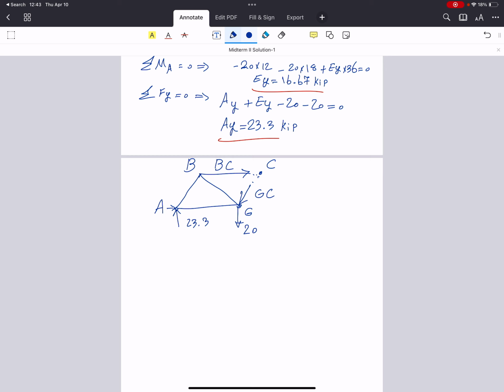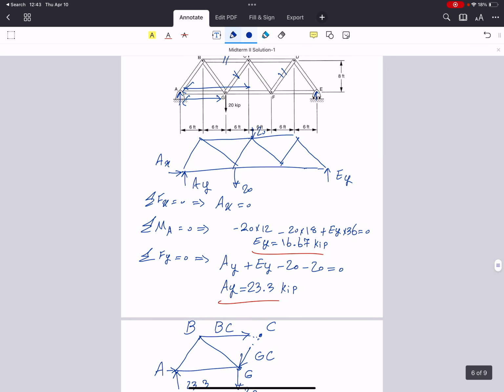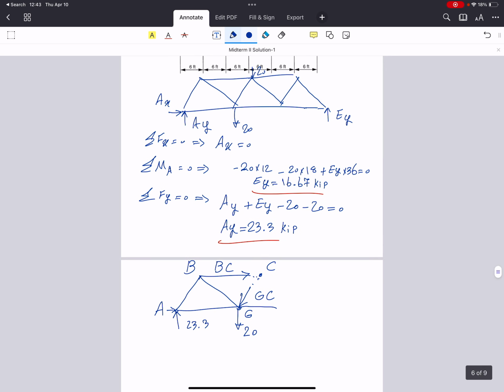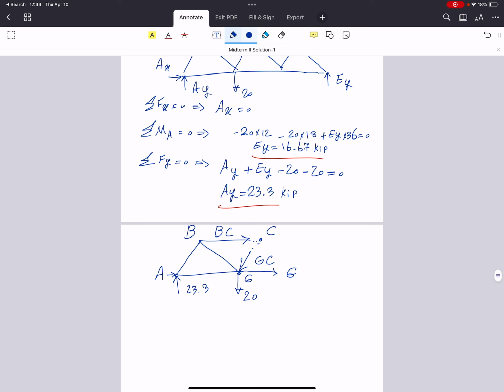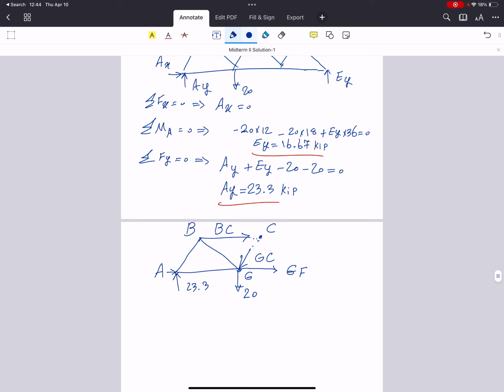Here I think I'm missing one force, this one. We can call it GF. We want to find GC and BC, right? If I use summation of moment, not summation of forces, then I will have one unknown in that equation.